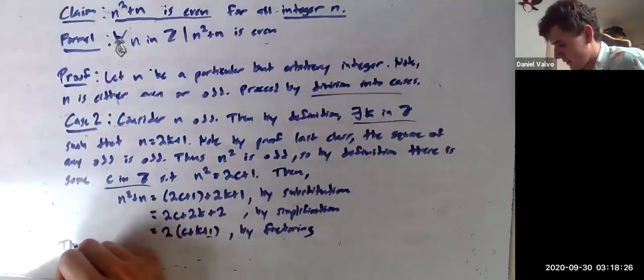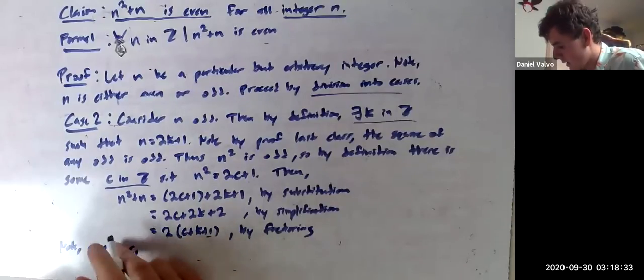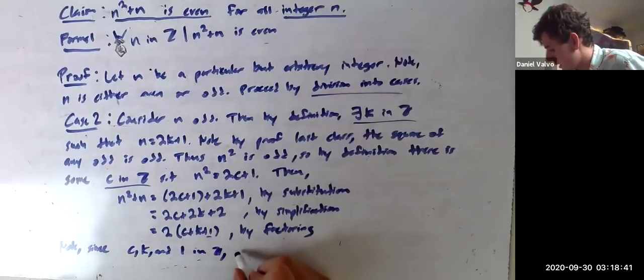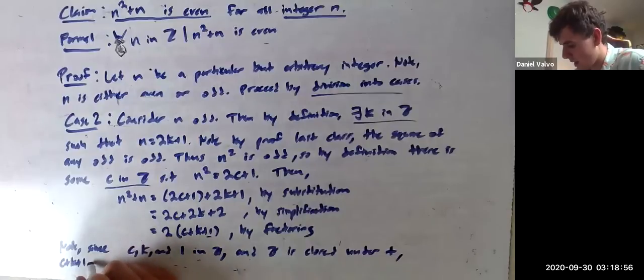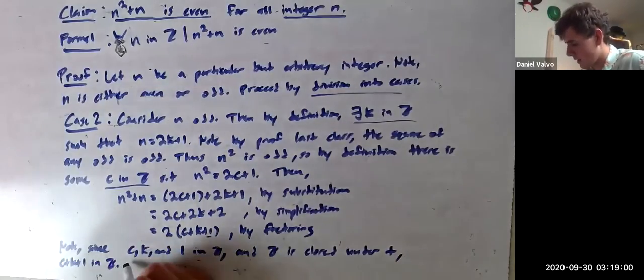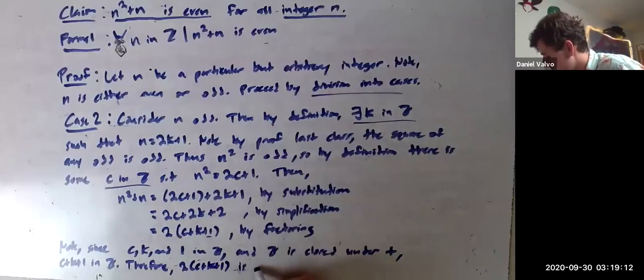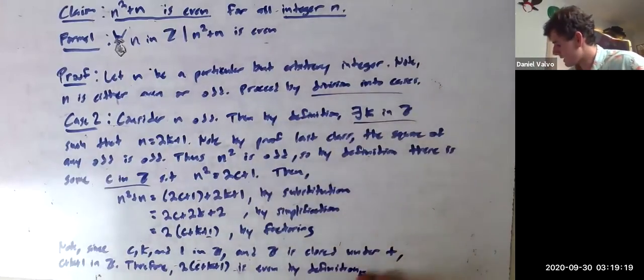So then, note, since c, k, and 1 are in Z, and Z is closed under addition, c plus k plus 1 is then in Z. Therefore, 2 times (c plus k plus 1) is even by definition.